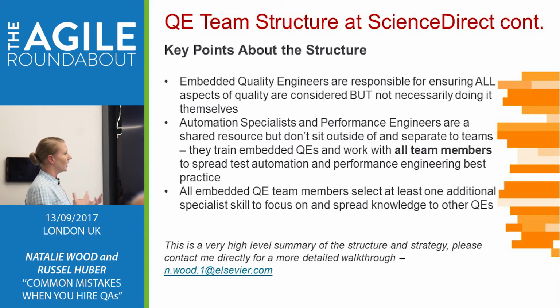And I tried to think about what kind of questions people would ask about, how does this work if you've got a tiny team? So this model scales down to at least half the size of this, because you could have just one performance engineer and one or two automation specialists, and just have eight embedded team QEs. But when you're getting really small, it's difficult then, and I don't know what the answer is.